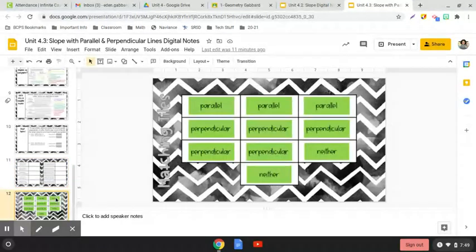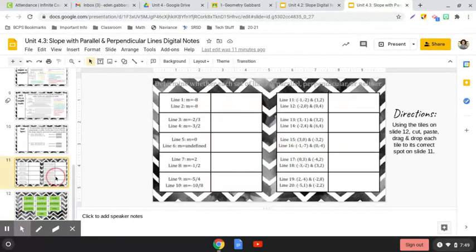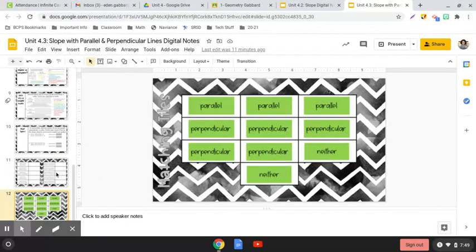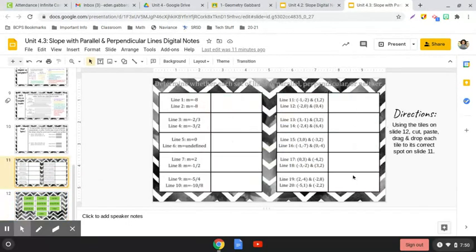Here are your answers to choose from: parallel, perpendicular, or neither. On this first set, they give you the slope. Is it the same number? Then they're parallel. Are they opposite reciprocals? Then they're perpendicular. Are they neither? Then they're neither. Simple as that. Once you decide on your answer, you're going to cut and paste it into the correct answer square.